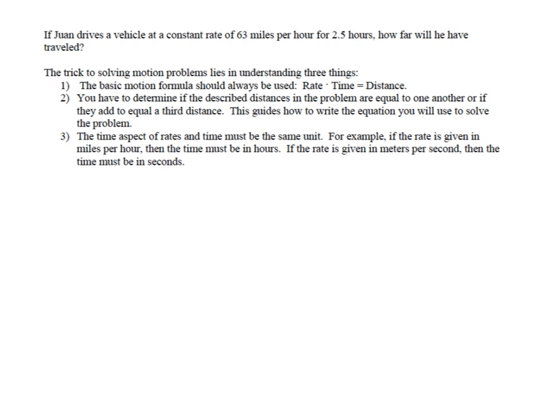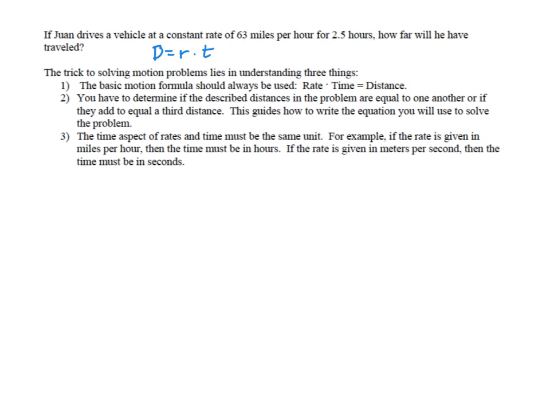So in the simple example above, you can see if Juan drives a vehicle at a constant rate of 63 miles per hour for 2.5 hours, how far will he drive? Confirm that your time is in the appropriate unit, and it is. And then if we want to know how far they went, all you have to do is plug into this formula.